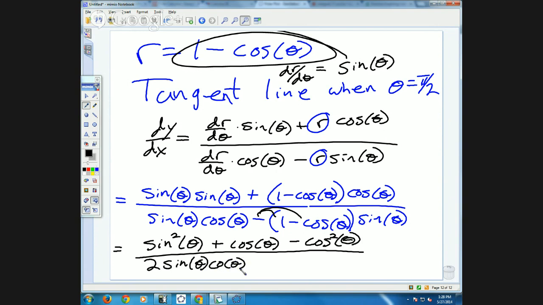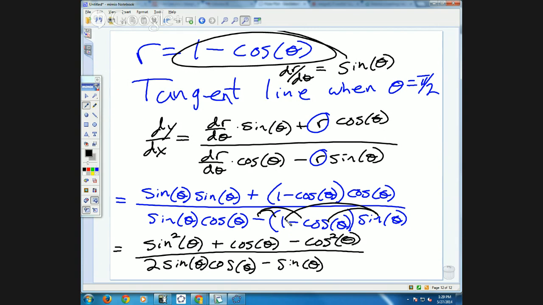Ooh, that's not right. Minus sine theta. Oh, that's interesting. You got to distribute here too.